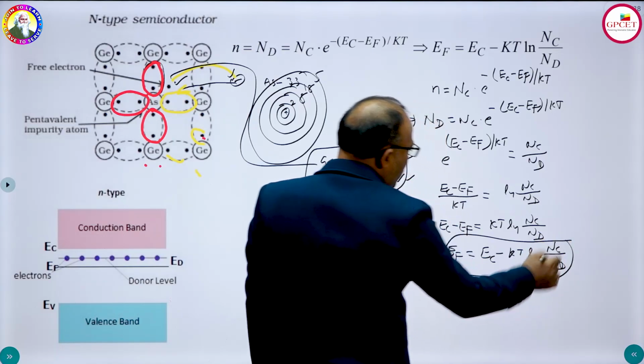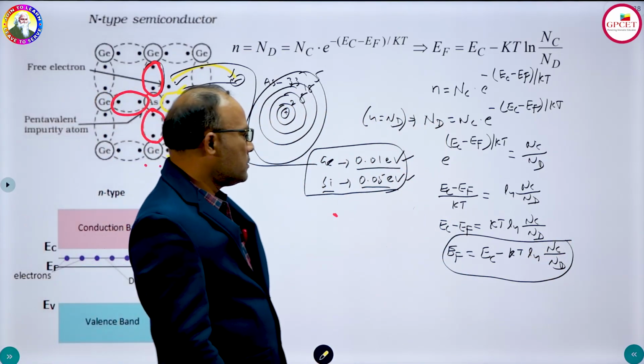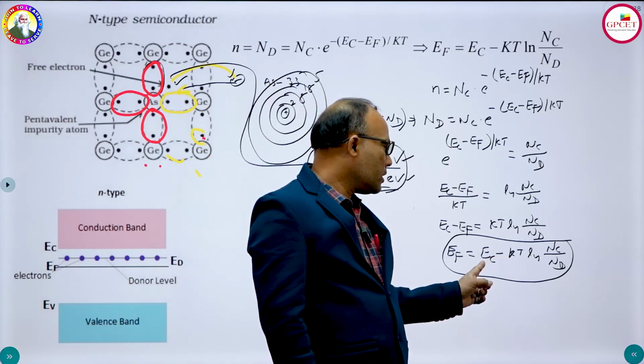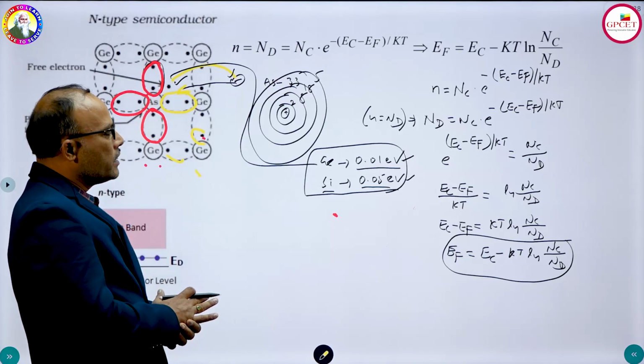So, the Fermi level is given by the subtraction of some value with respect to the conduction band energy level.